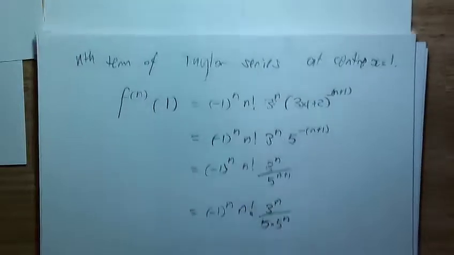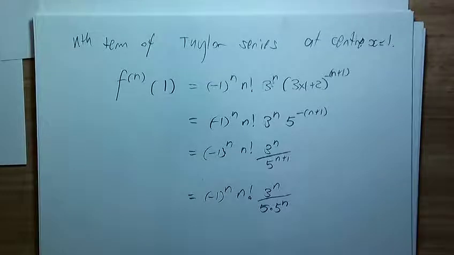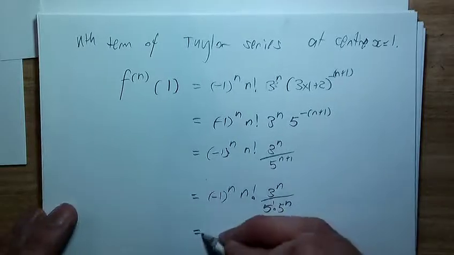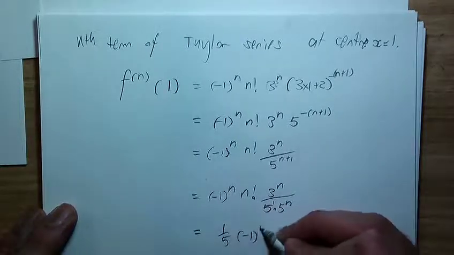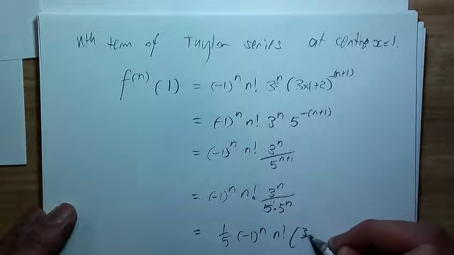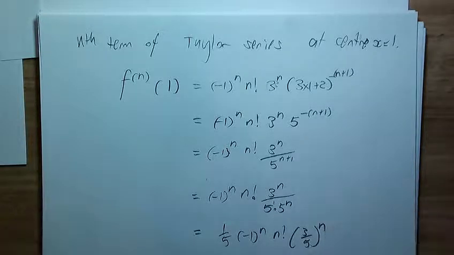So that 5 to the n plus 1 is a 5 to the 1 times 5 to the n, because when you add up in the powers it's multiplication down below. That's much better. Well, that's marginally better. Not much better. I could put the negative 1 in there.